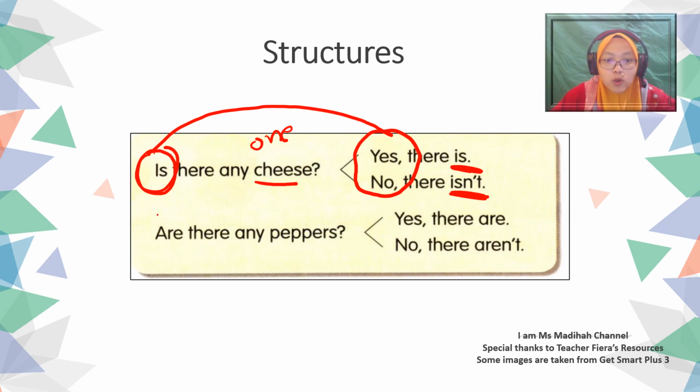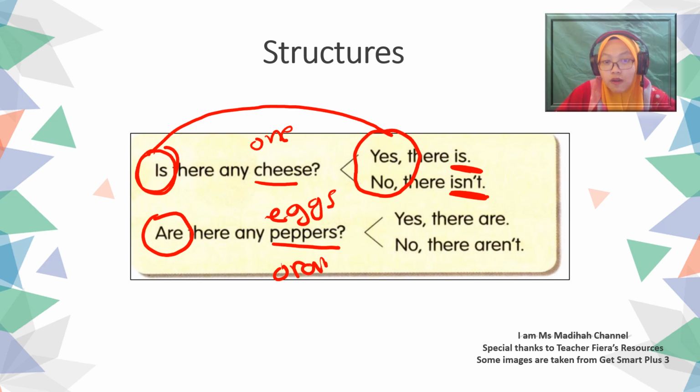Okay, so look at are again. So are there any? It's countable, and that thing has to be more than one. For example, are there any eggs? Are there any oranges? Are there any carrots?